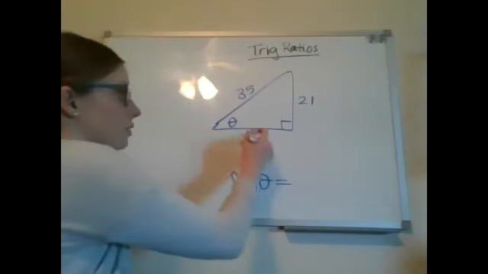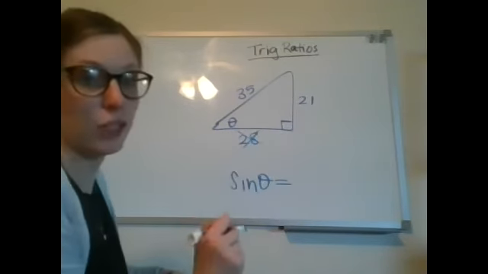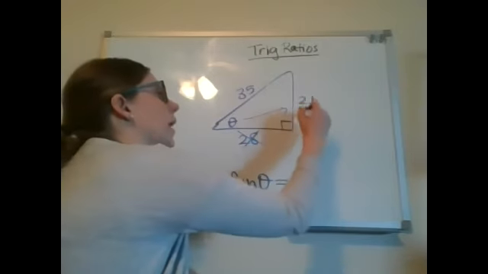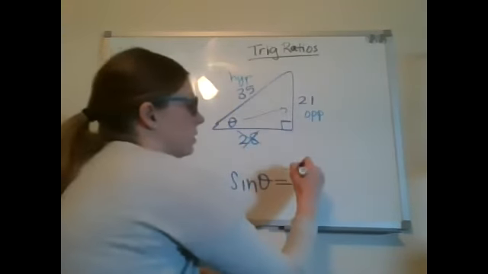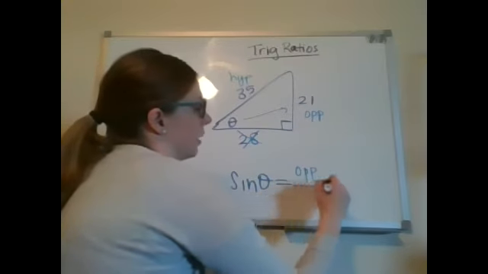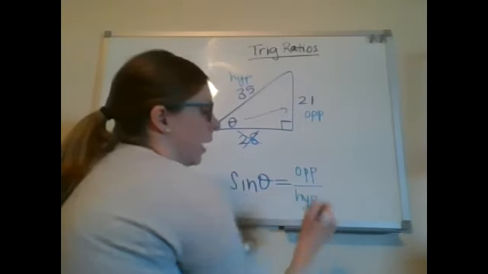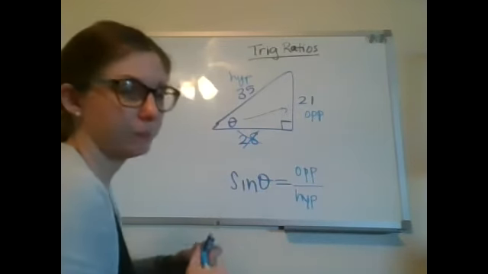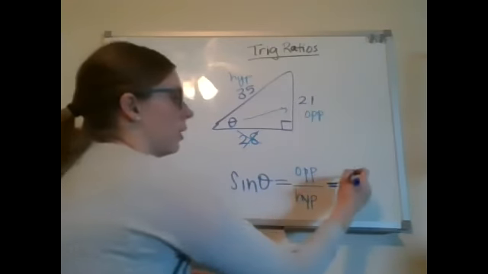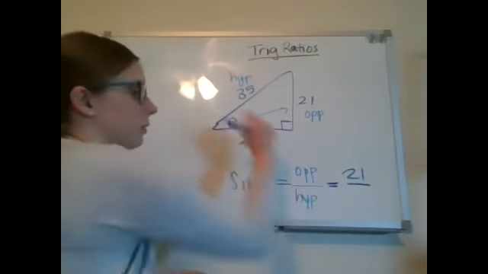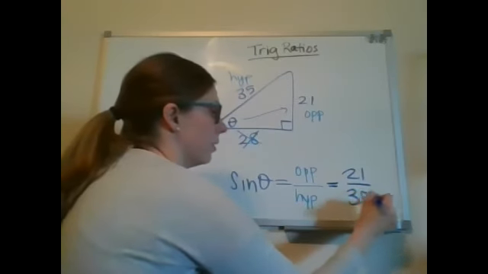Even though it gives you this adjacent side, we don't need the adjacent side. We only need the opposite and the hypotenuse. You'll notice that I abbreviate things by the first three letters: opp, hyp. Now your answer, you literally just take those numbers. So 21 over 35. That's your answer.